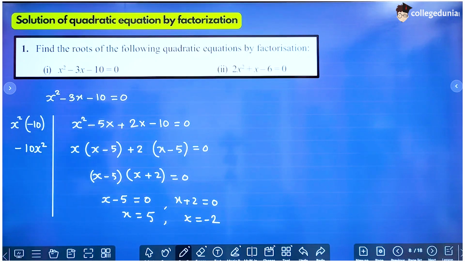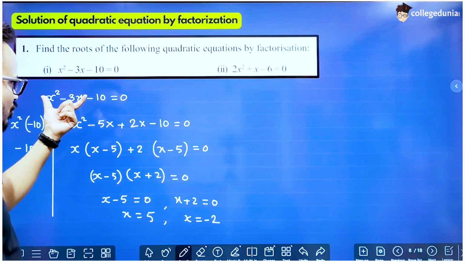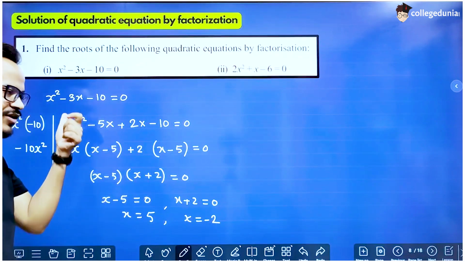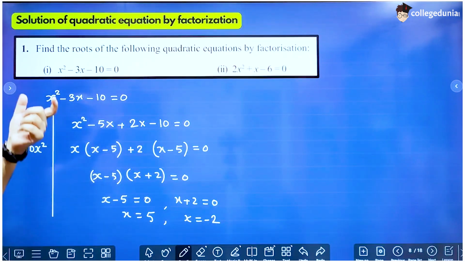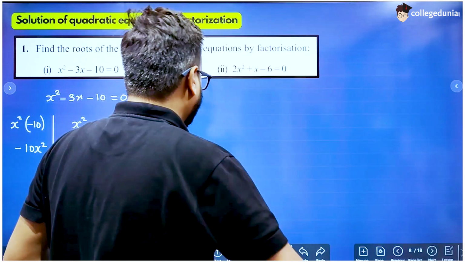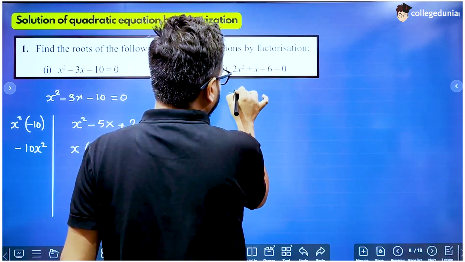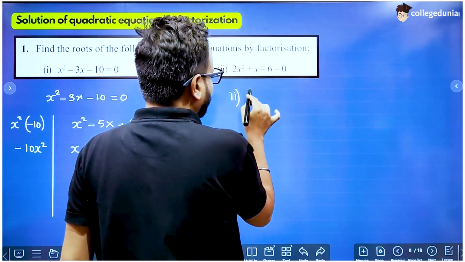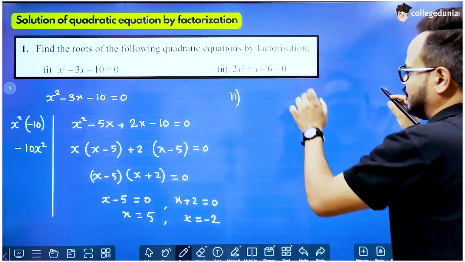So this method is called splitting the middle term, or solution of quadratic equations by factorization, because what we did here, we just found the factors of this quadratic equation. Let's apply this method to this second equation also. First, in rough, let's multiply the first and third term.